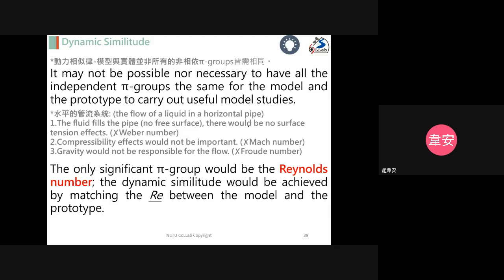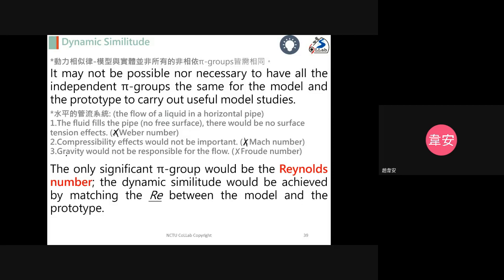If there is no free surface, we don't need to have the surface tension effect, and so we don't need to consider the Weber number.